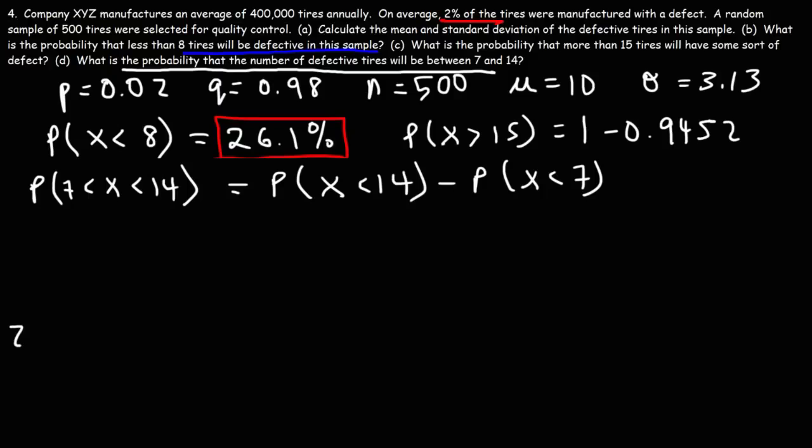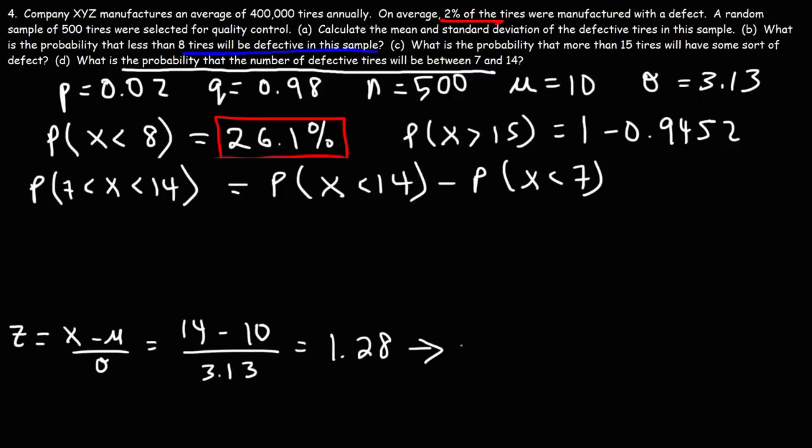So let's calculate the z-scores for both numbers. Let's start with 14. So it's 14 minus the mean of 10 divided by 3.13. So that's 4 divided by 3.13, and that's going to give us a z-score, if we round it, of 1.28.